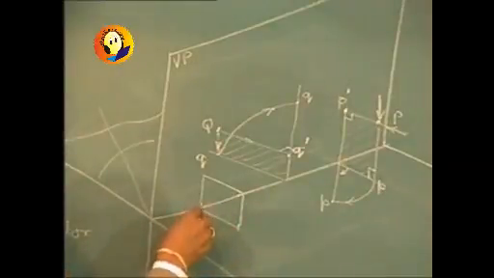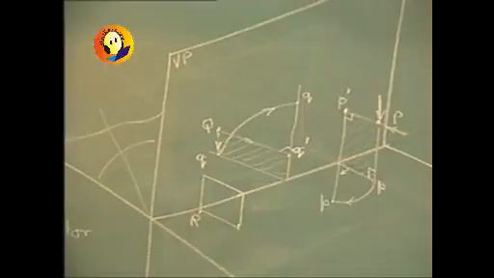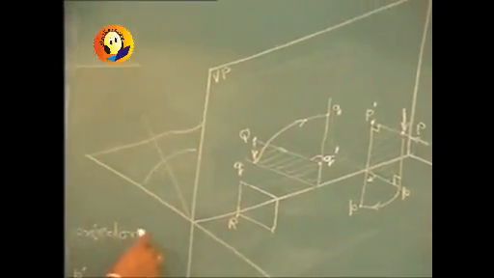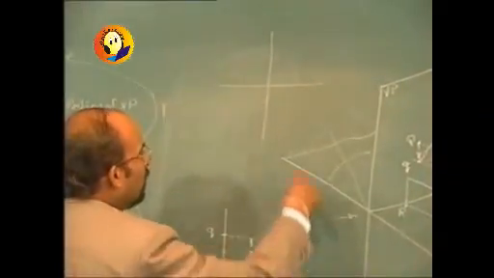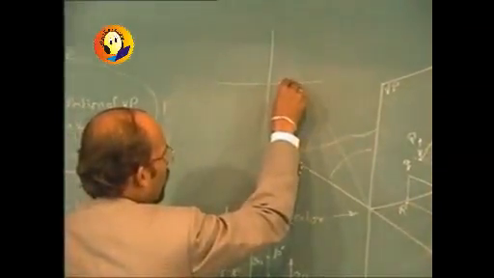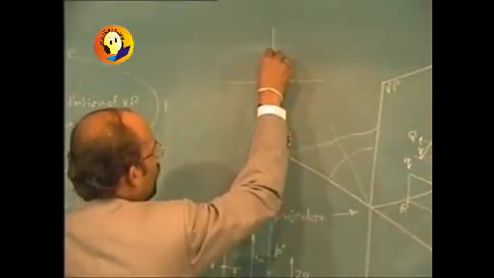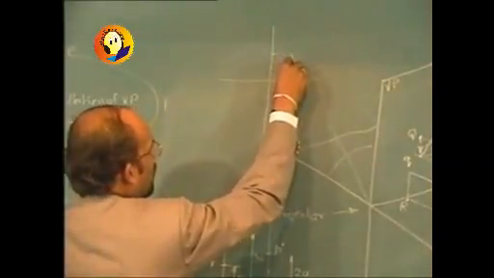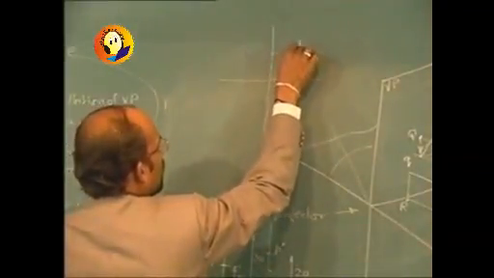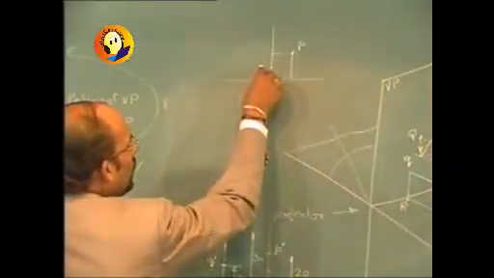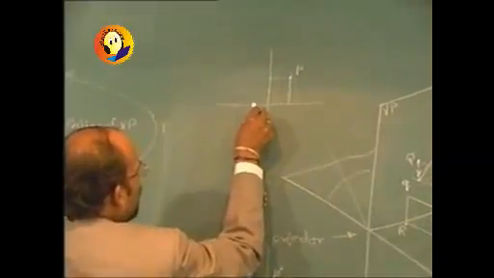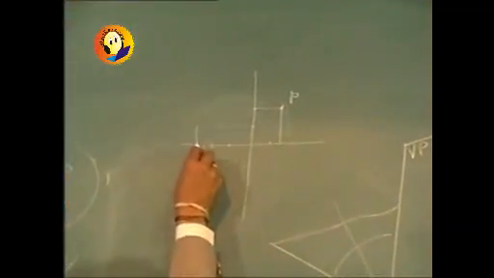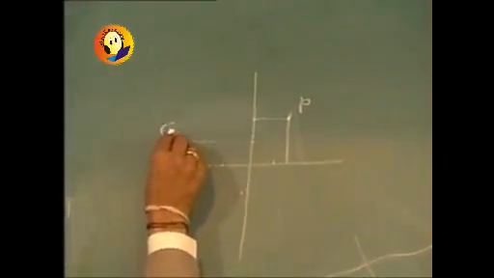Say this is point R. Now to locate these points, actually the side view, that is if we look in this direction, will be very useful, because point P, which was 15 in front of and 20 above, can be located here in the side view. Whereas point Q, which is 10 above HP and 30 behind VP, is locatable over here.